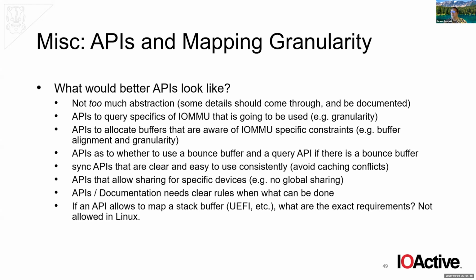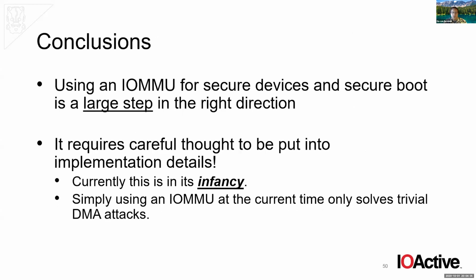So that means that I know, or behind my back it knows, specific constraints, it does the buffer alignments correctly, and it gives me cleared memory. And lastly, you want good documentation for these APIs. So that, in a nutshell, is sort of the attacks that can show up in IOMMU.